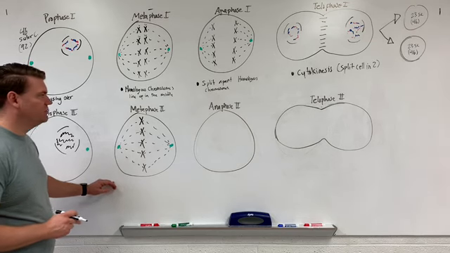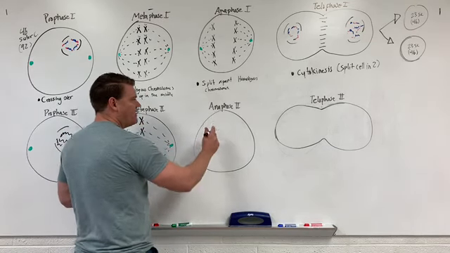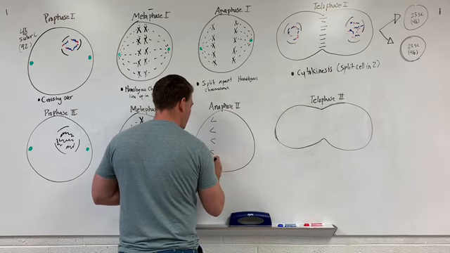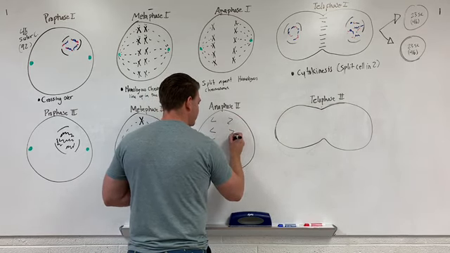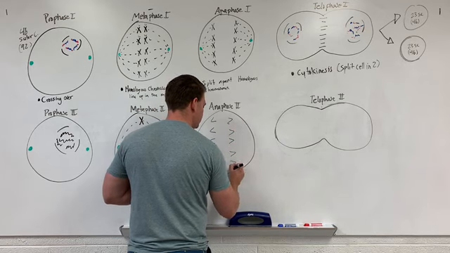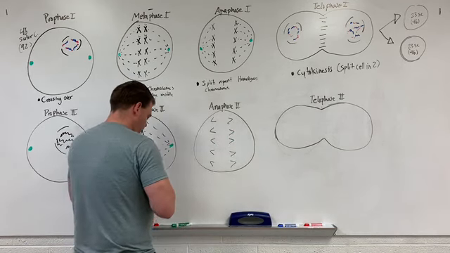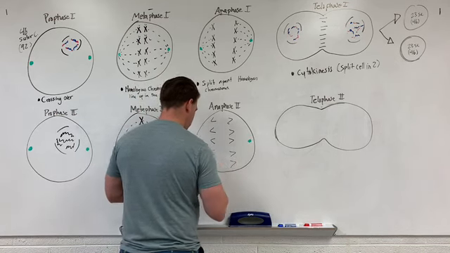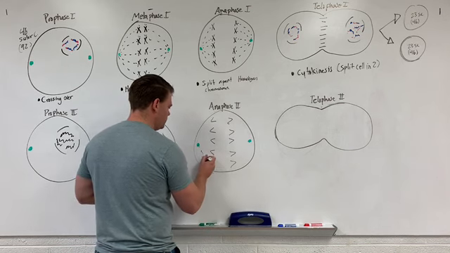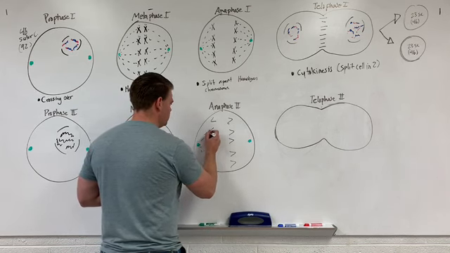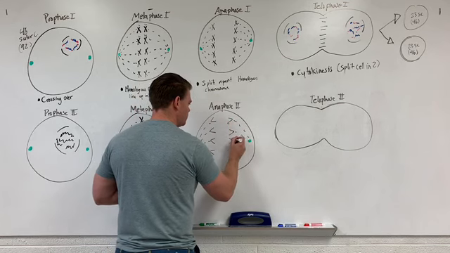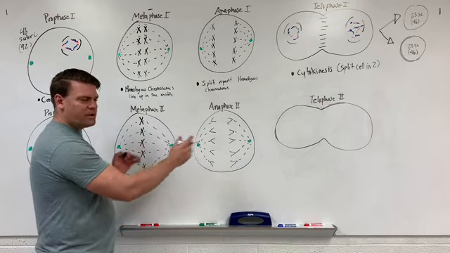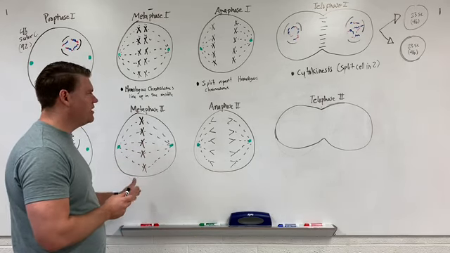So metaphase 2. Then in anaphase 2, we split our sister chromosomes in half and we tear them apart. So we separate those sister chromosomes that were all lined up here in the middle.